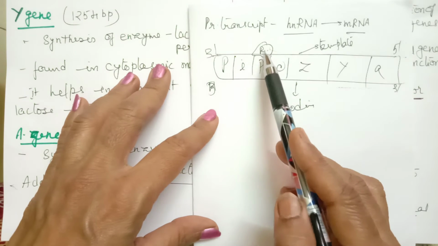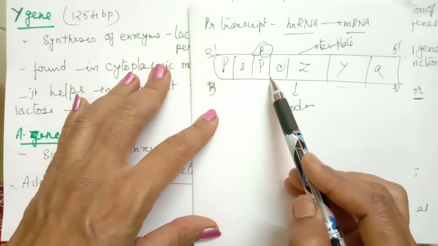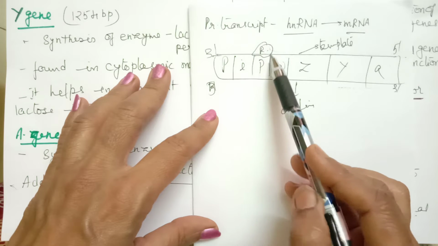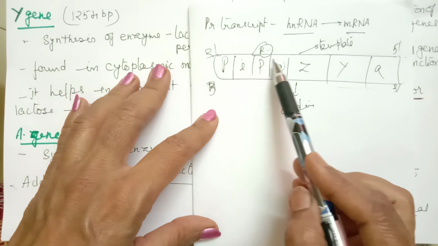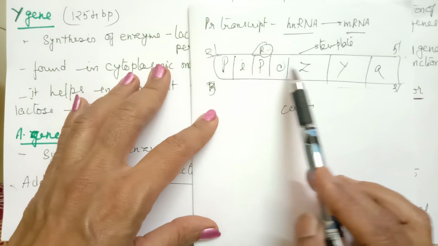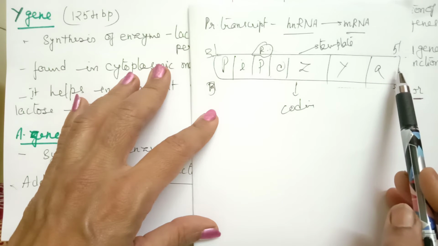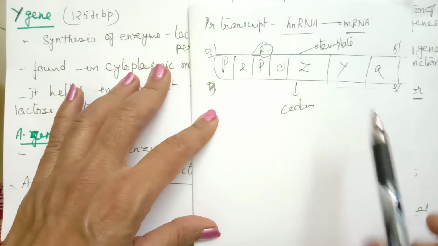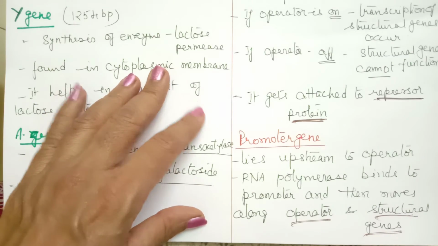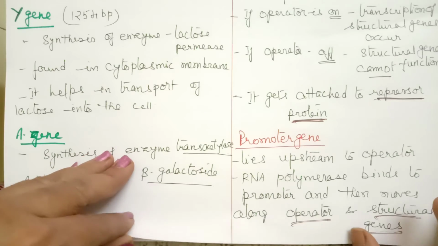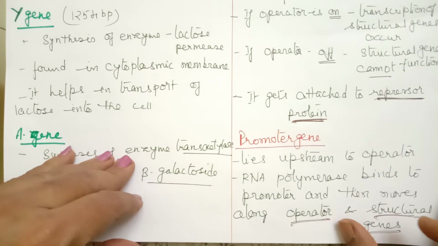Near the promoter region, it will first identify the promoter and then start initiating the process. And finally, structural genes can produce the respective protein. That is the function of a promoter gene.